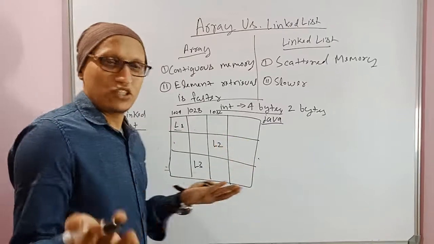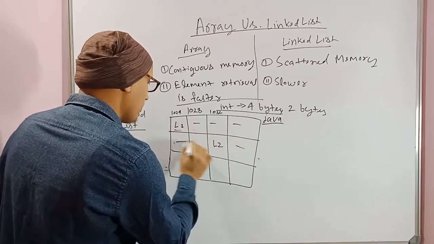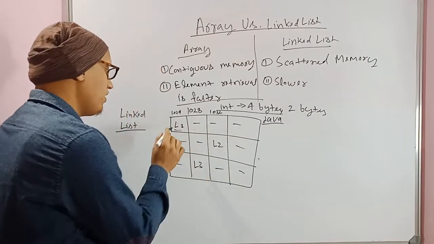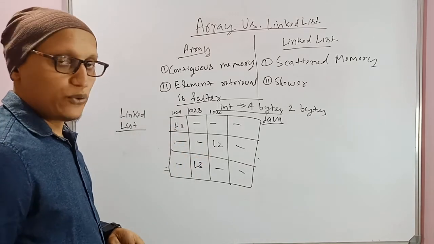Just assume all other memory locations are busy. Now if I want to fetch the third element of the linked list, what do I need to do?